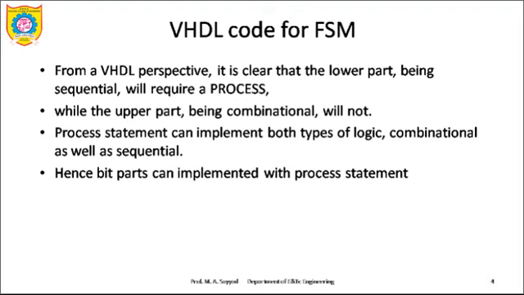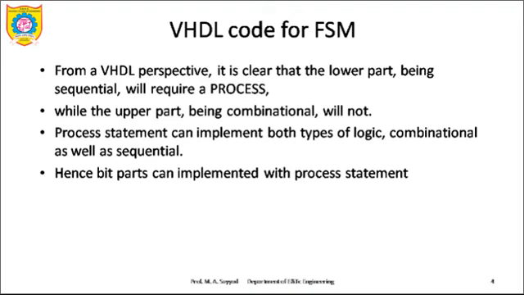The upper part of the figure is a combinational circuit, and for a combinational circuit, we can write the VHDL code without a process statement also. But we have studied in earlier examples that the VHDL code for the same combinational part can also be written with the help of a process statement.